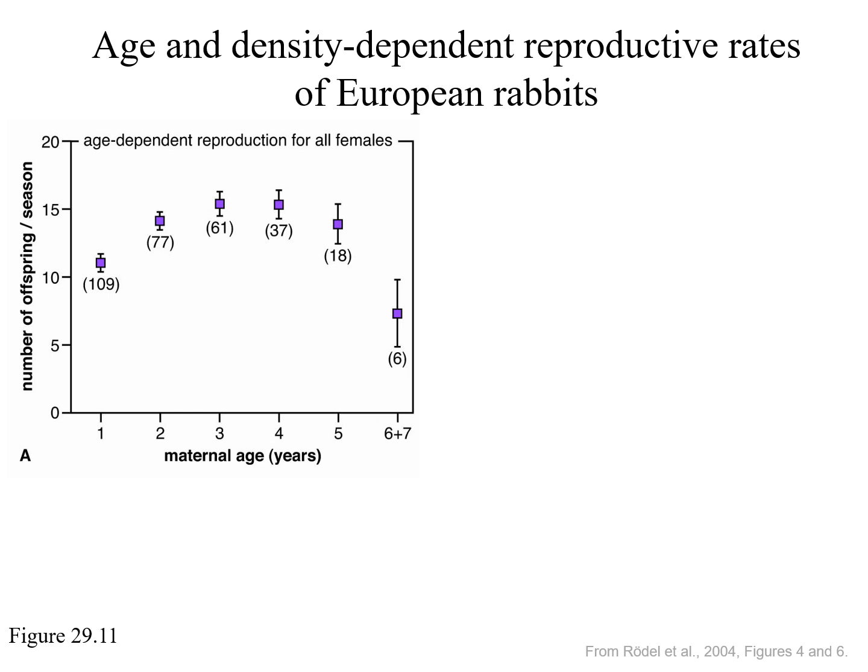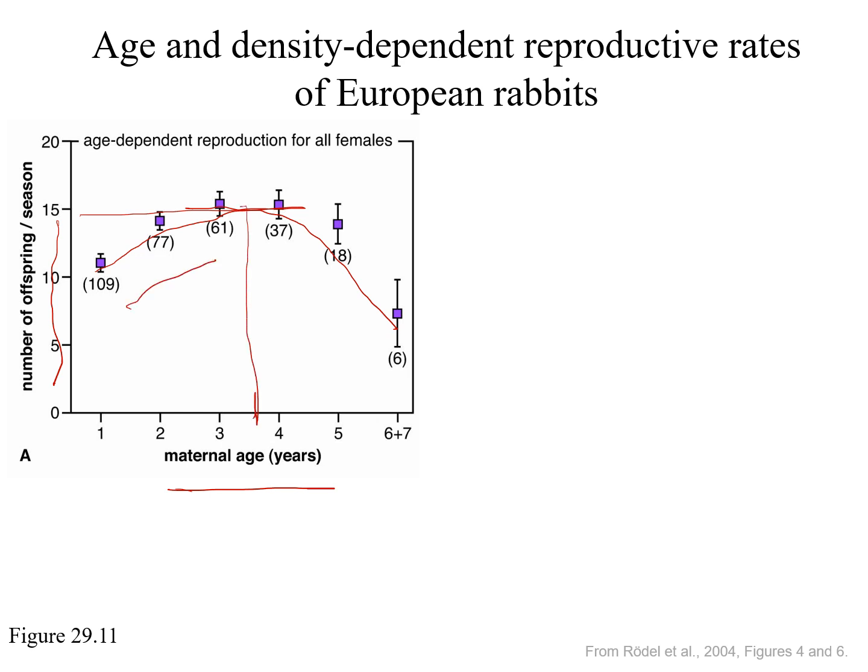All right, this graph is an interesting graph because what we're looking at is how old is the female and how many offspring does she produce in a season. And you'll notice that this is a humped graph. In other words, there's an optimal number of offspring that they can produce in a season, and it happens between 3 and 4 years of age.